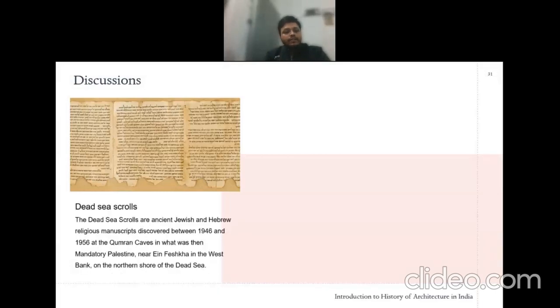The Dead Sea Scrolls are ancient Jewish and Hebrew religious manuscripts discovered between 1946 and 1956 at Qumran Caves in what was then mandatory Palestine, near Ein Feshkha in the West Bank on the northern shore of the Dead Sea. So that's why it is known as Dead Sea Scrolls.